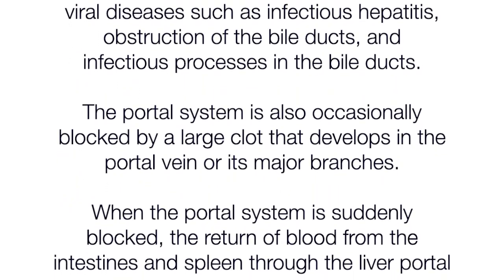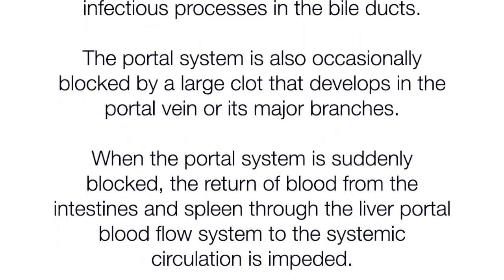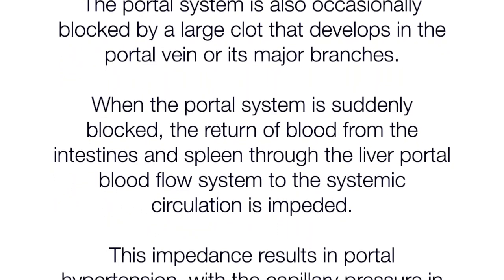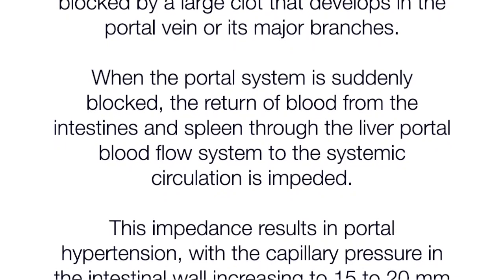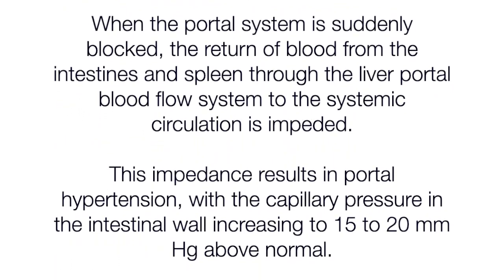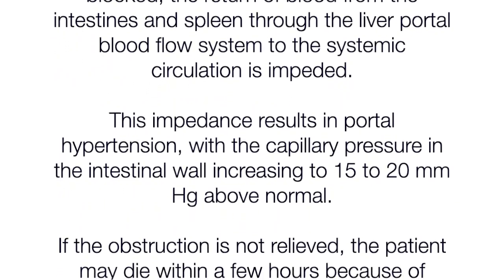The portal system is also occasionally blocked by a large clot that develops in the portal vein or its major branches. When the portal system is suddenly blocked, the return of blood from the intestines and spleen through the liver portal blood flow system to the systemic circulation is impeded.